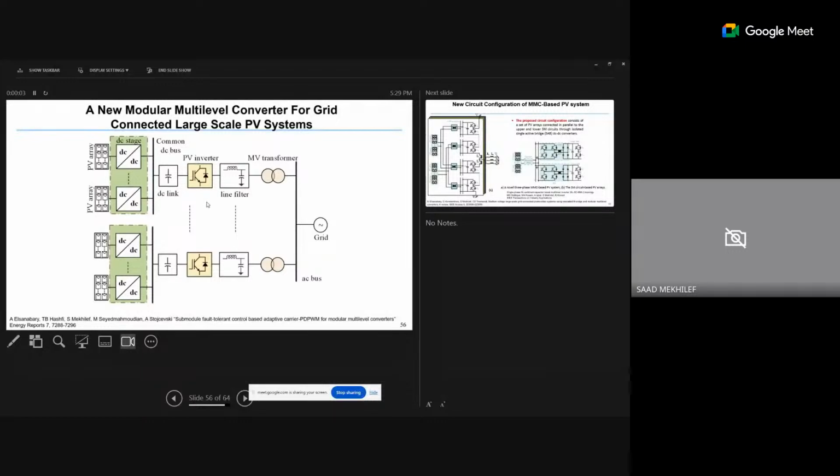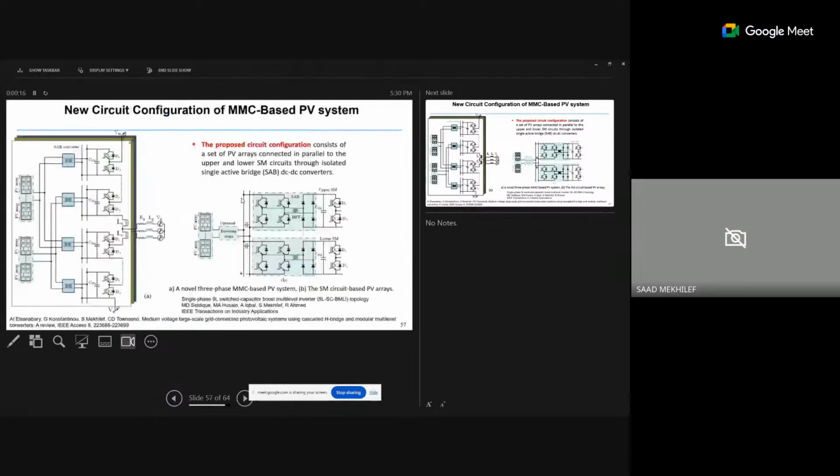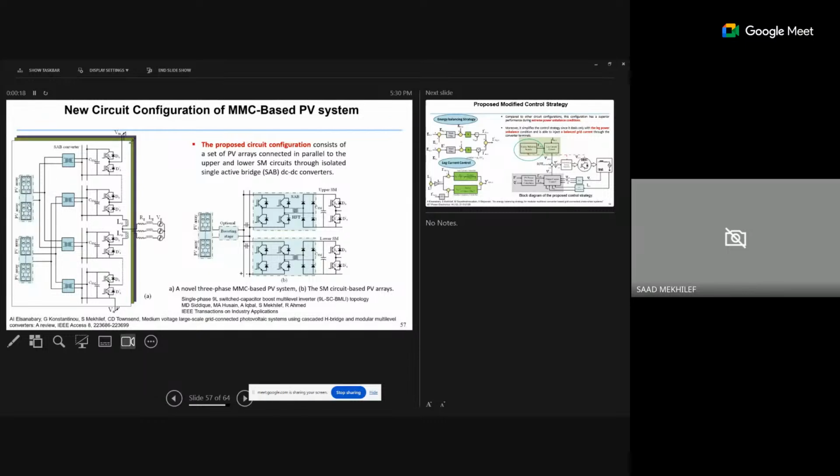So this is one of the works we have done in our lab, where we have modular multi-converters for grid-connected large PV, and it can also be used for wind farms. You see here, this is using H-bridge, okay? So automatically you will have a problem of circulating current.